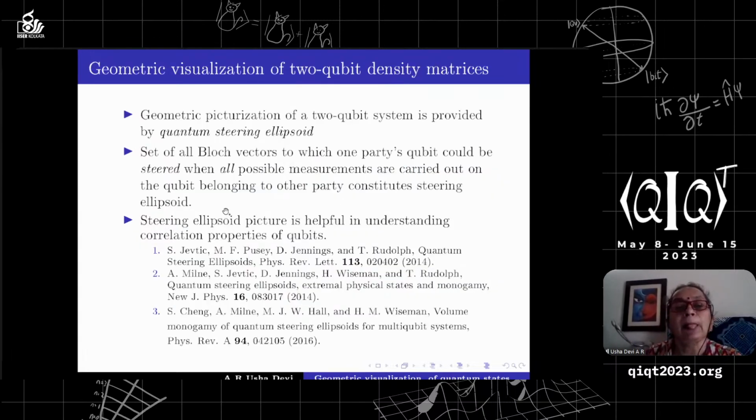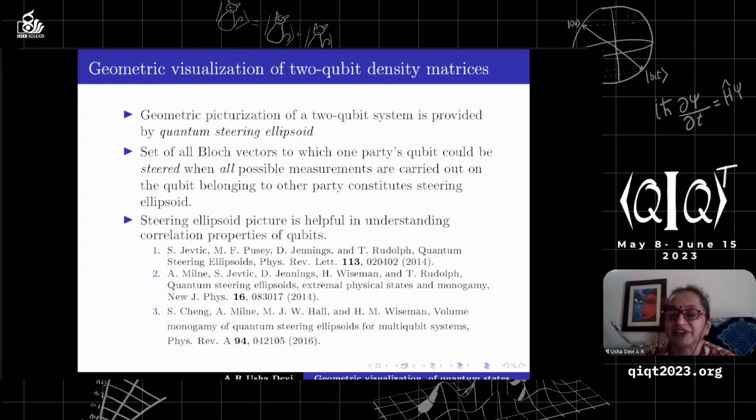So I move on to the last third part, which is going to be tricky. That involves a geometric visualization of two qubit density matrices. When I move from a single qubit to n qubit pure symmetric states, the number of parameters increased, but there was a neat correspondence with the points on the Bloch sphere.